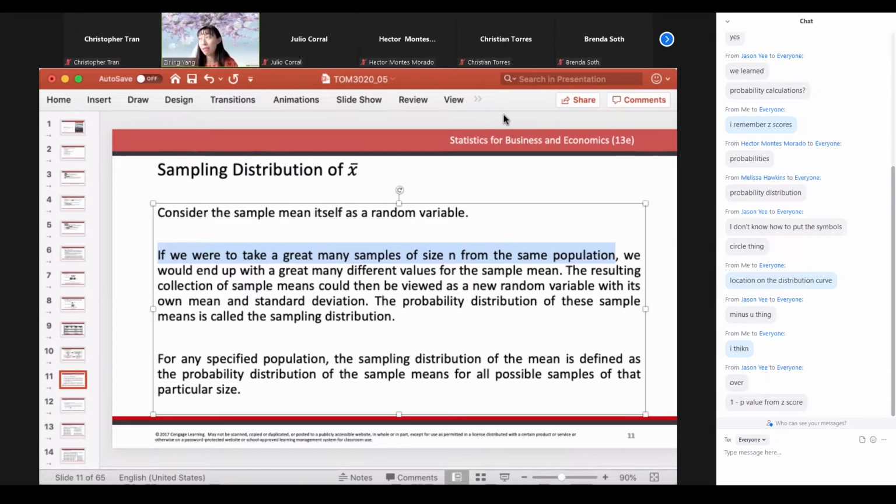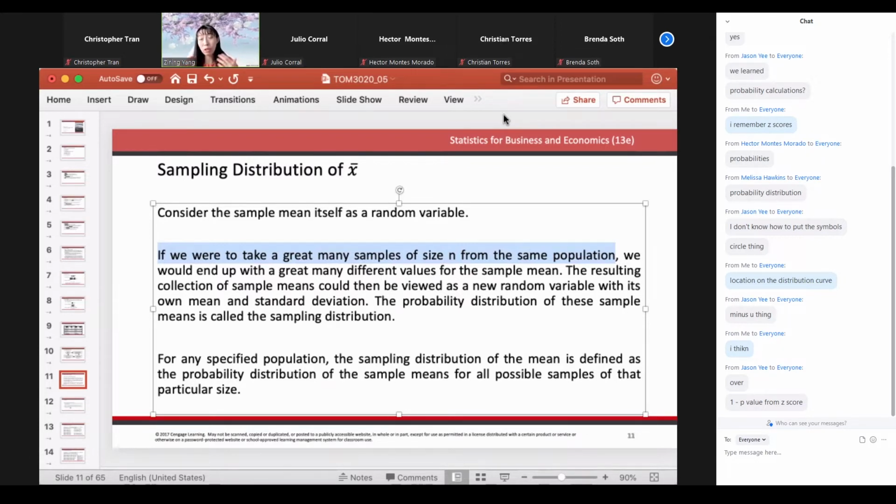I can take a sample of students numbered from 100 to 130, or another sample of students numbered from 800 to 830, or a sample of students numbered from 870 to 900. I can take another sample of students numbered 450 to 480. So you see what I mean? We can take many samples of size 30.